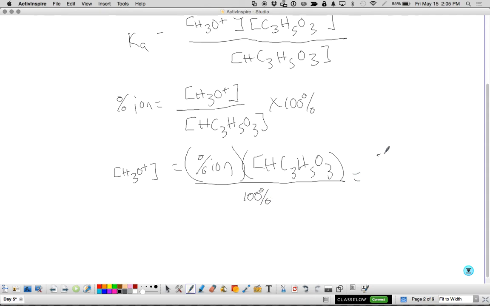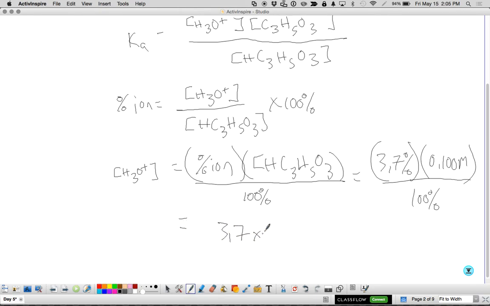Okay, I can plug some numbers in. 3.7% times 0.100 molar over 100%. And I get my concentration of H3O+ is 3.7 times 10 to the minus 3 molar.